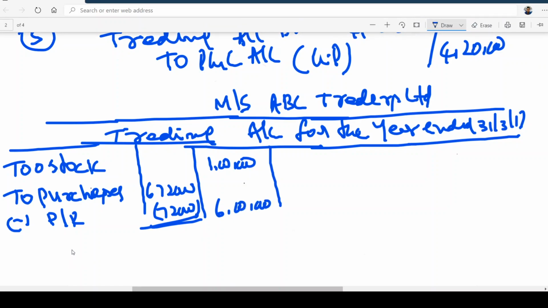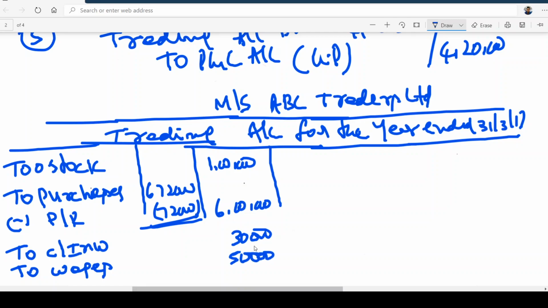Then carriage inwards 30,000. Then to wages 50,000.